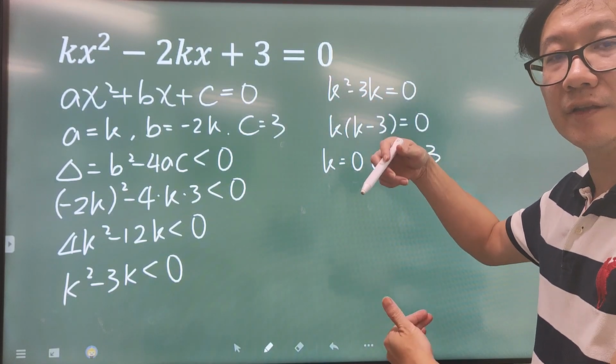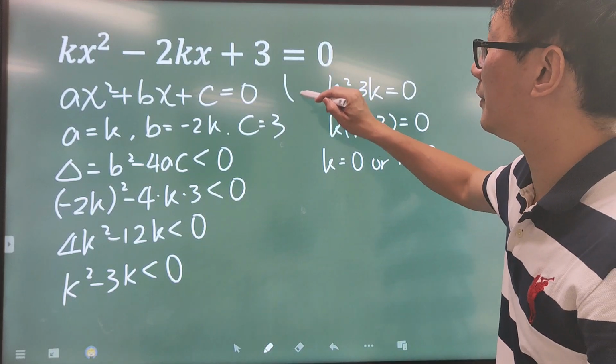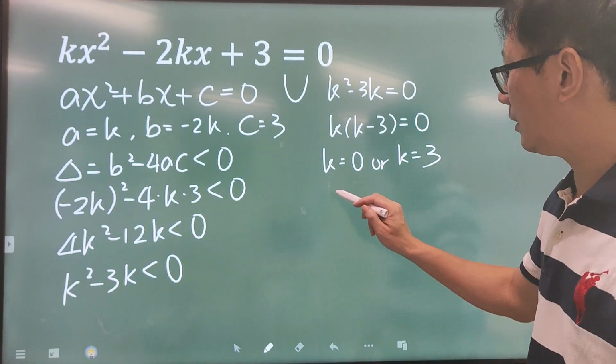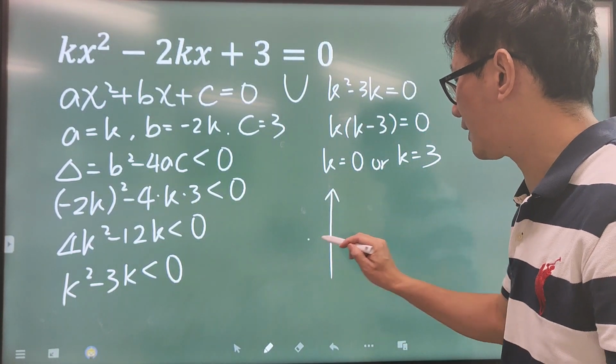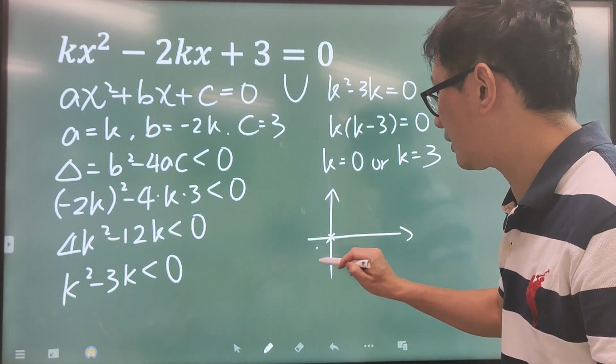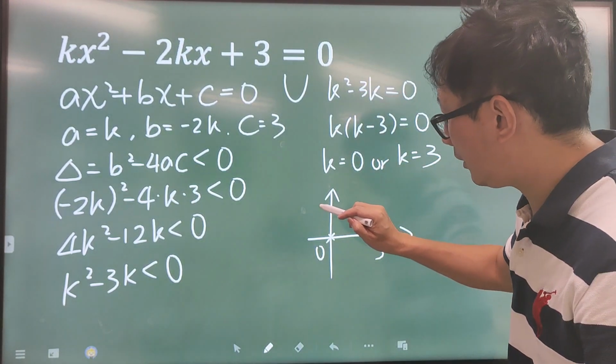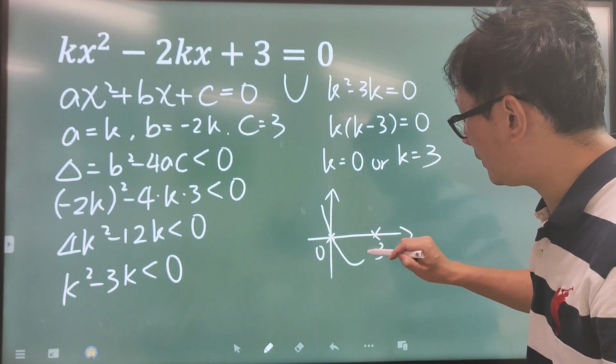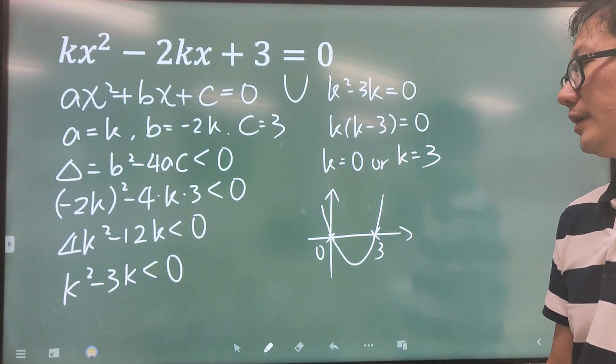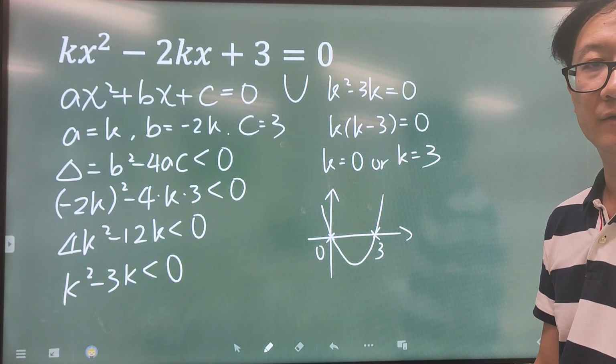That means it's greater than 0, so the parabola opens upward. Alright, so let's draw a quick sketch. 0 here and 3 here. We want a parabola that opens upward. Okay, so it looks like this.